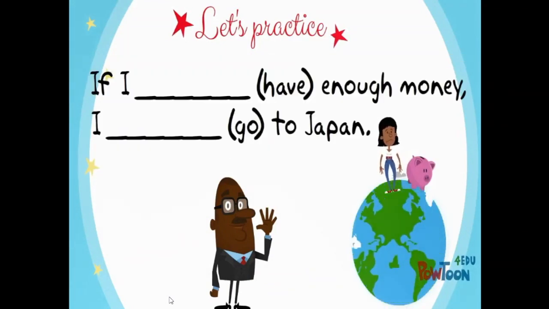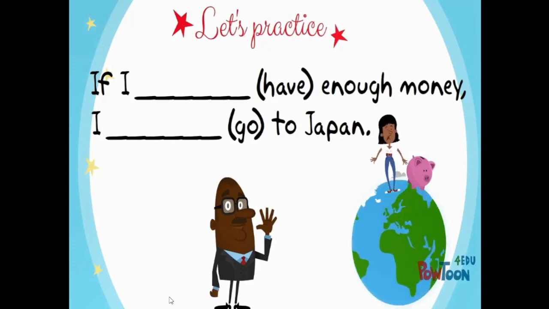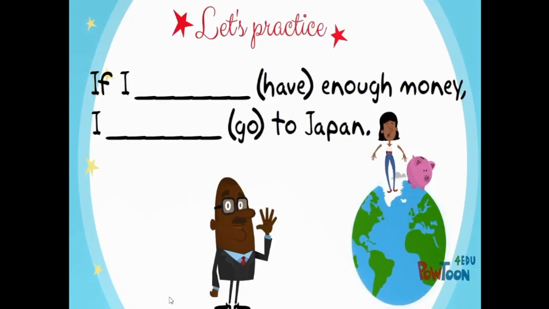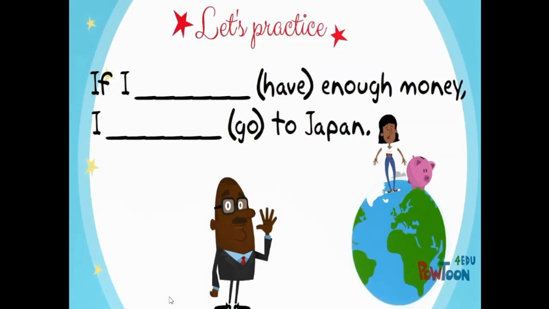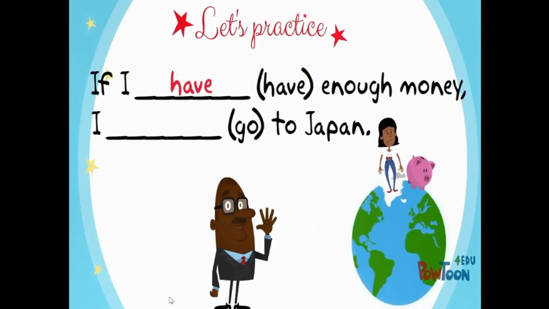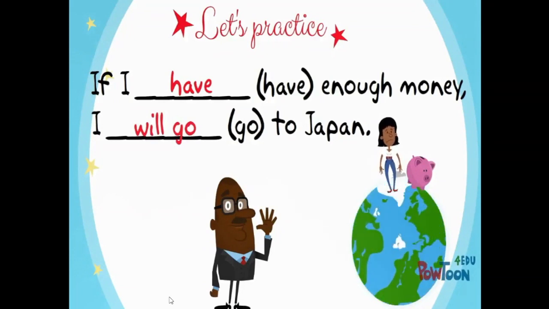Try to fill in the blanks. You will have 5 seconds to think of the answer. 5, 4, 3, 2, 1. The answer is, if I have enough money, I will go to Japan.